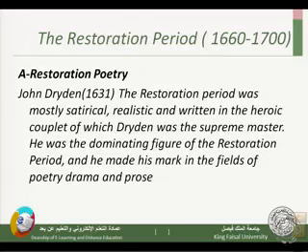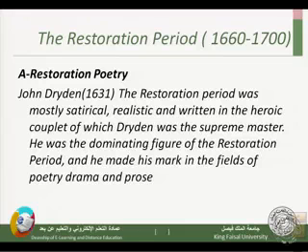Now, as we displayed the three genres of the Puritan age, the poetry, the drama, the prose, we are doing the same here with the second half of the 17th century literature. We start with the Restoration period. We start with the poetry.